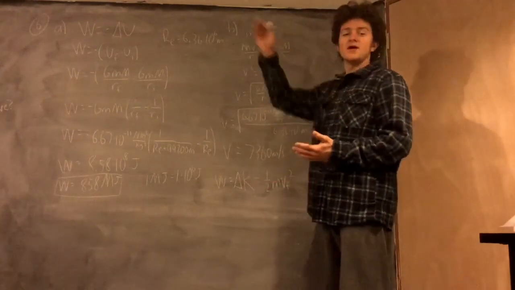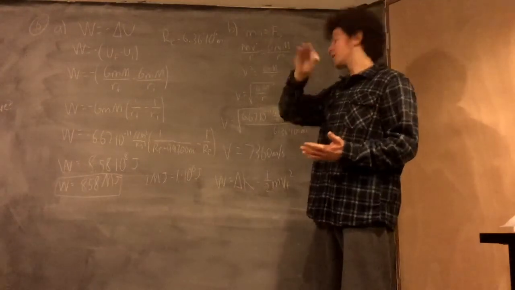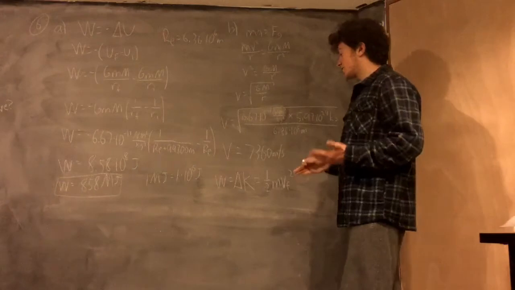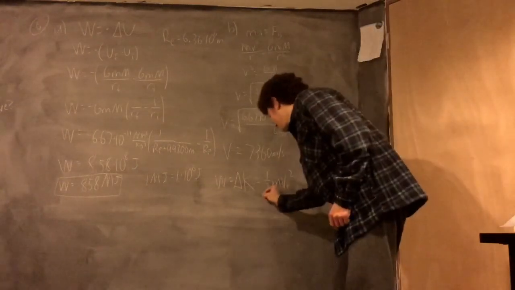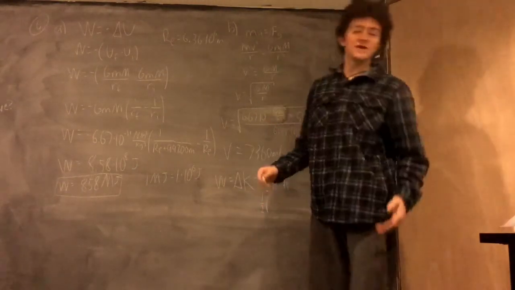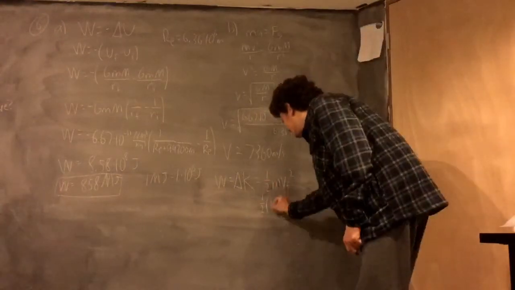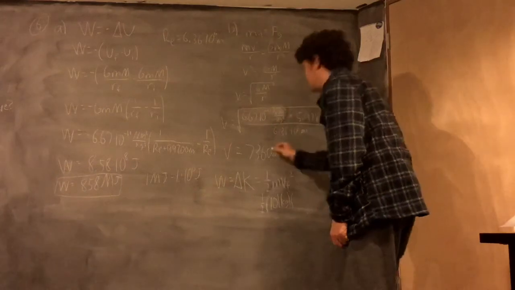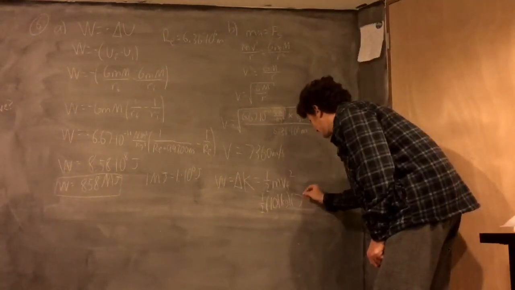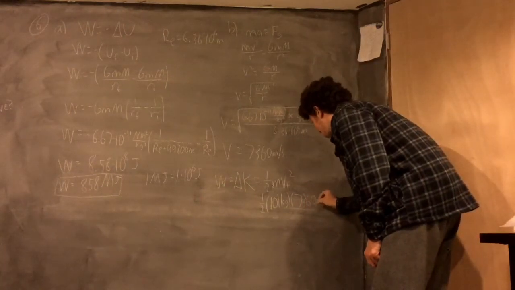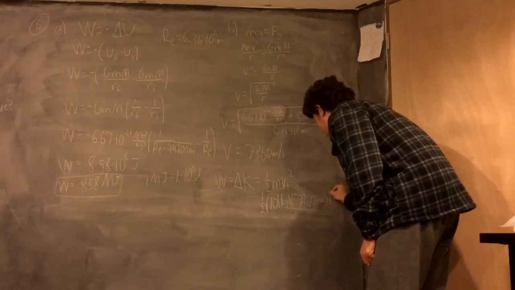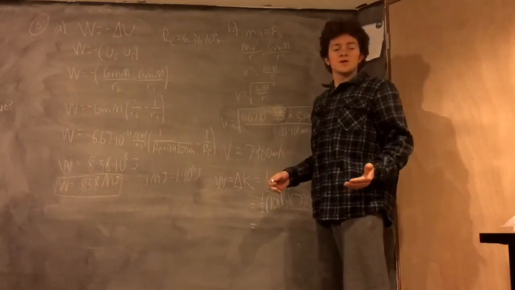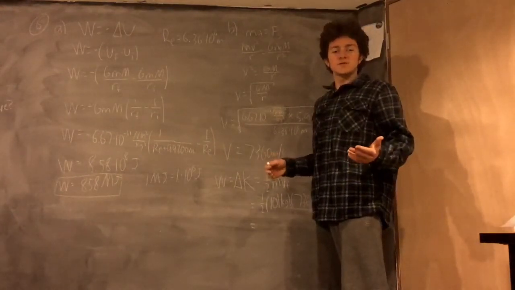It's the mass of the payload because it's orbiting around the Earth. The mass of the payload is 101 kilograms, and the velocity is what we just calculated, 7,360 meters per second. Plugging this all in your calculator yields a work of 2.74 times 10 to the 9th joules.